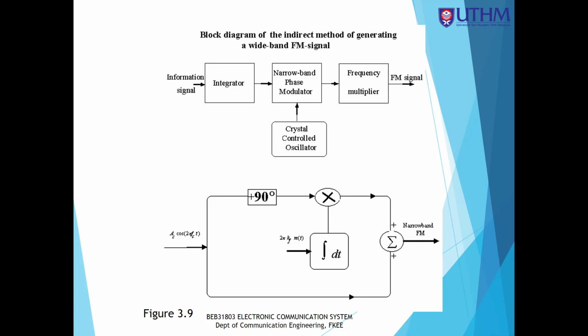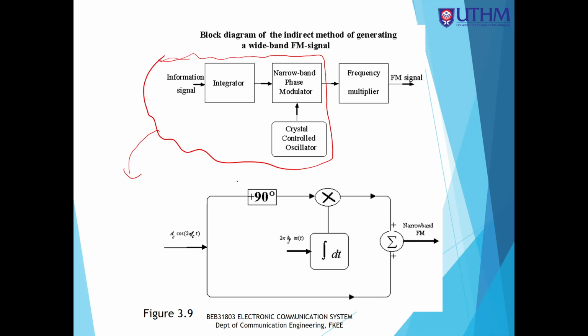If you see from here, the above picture is actually referring to the picture below. The one that I circled in red here is actually referring to the picture below, which is the narrowband phase modulator.